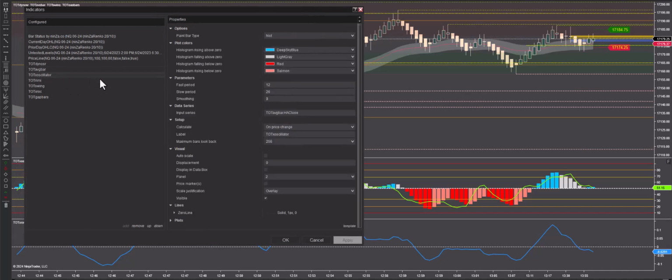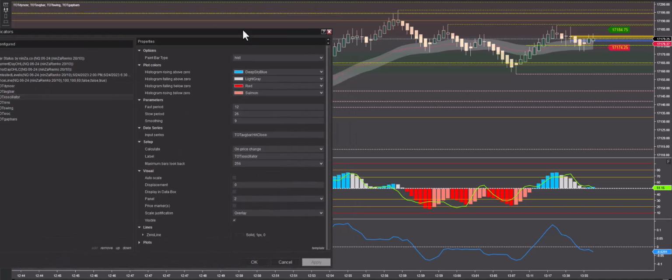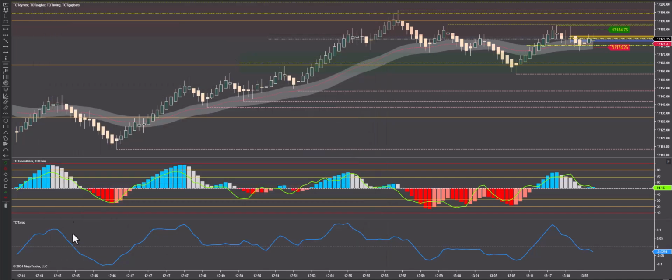We have our extreme oscillator. I'm going to pull this off the screen here. Our extreme oscillator is the histogram, not the green line, just the histogram. This is measuring convergence and divergence of the OHLC of our average bar. It's similar to a MACD, but with different calculations.